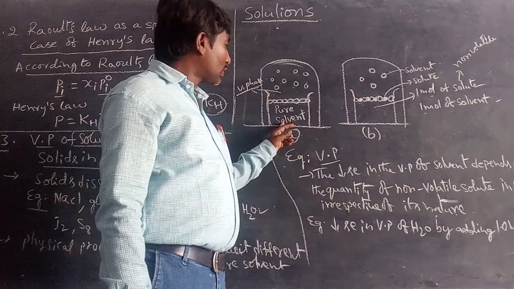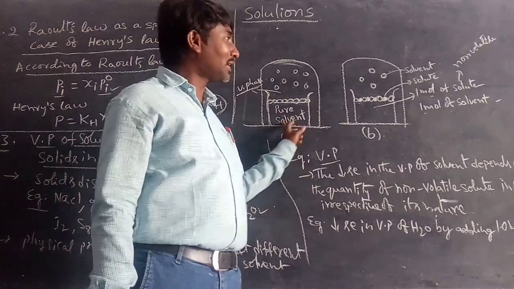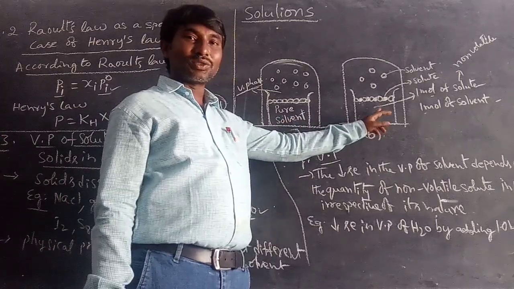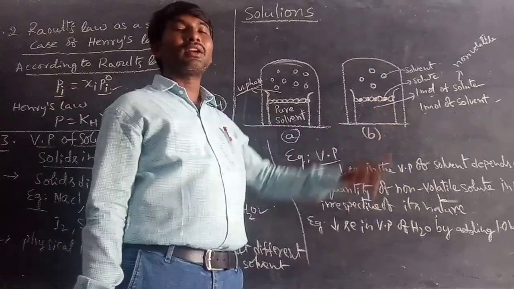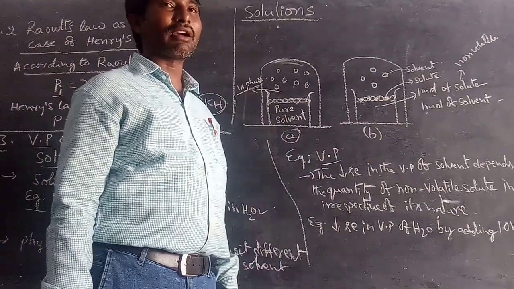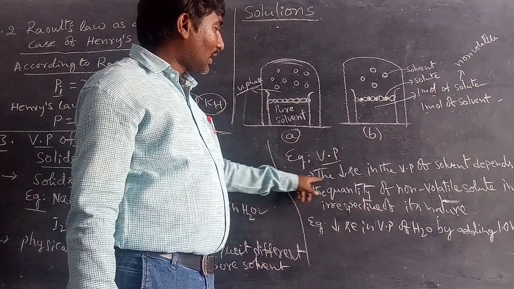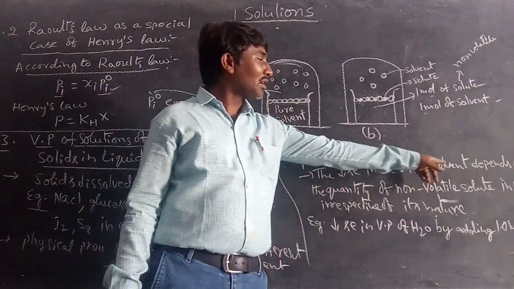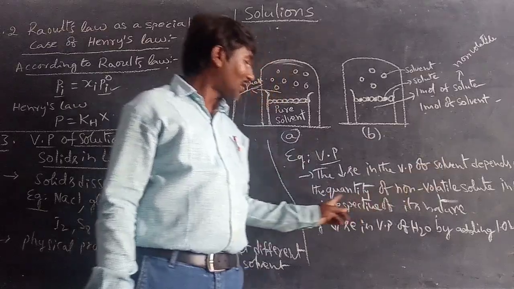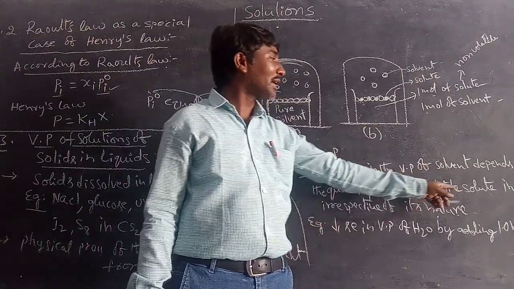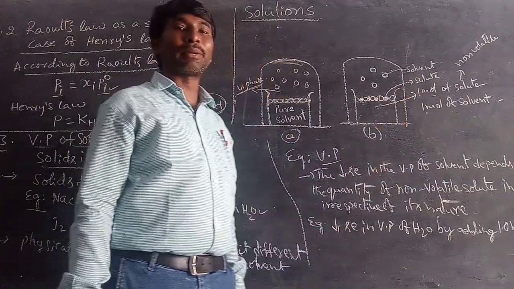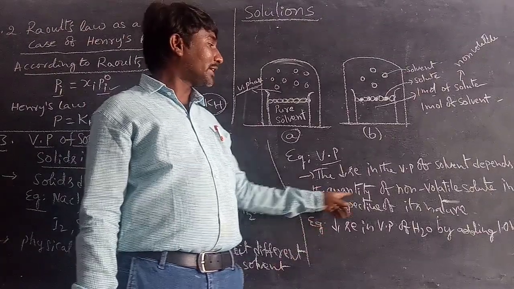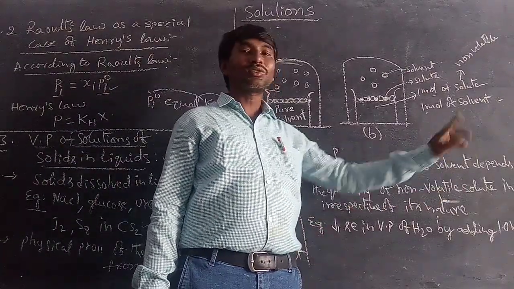Compared to the pure solvent, this solution has lower vapor pressure. So the decrease in the vapor pressure of the solvent depends on the quantity of non-volatile solute in the solution.